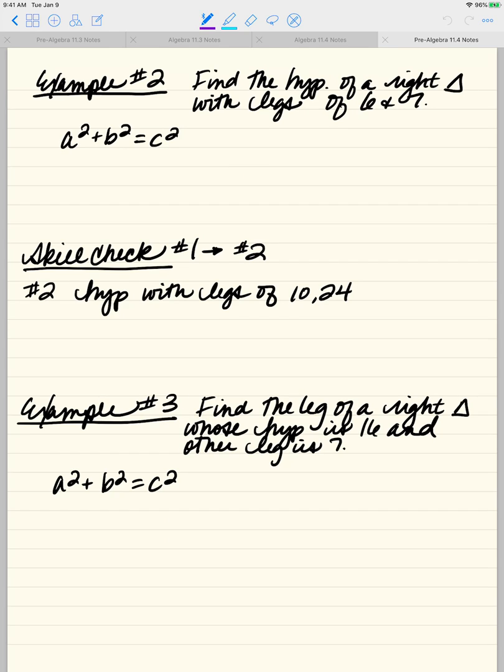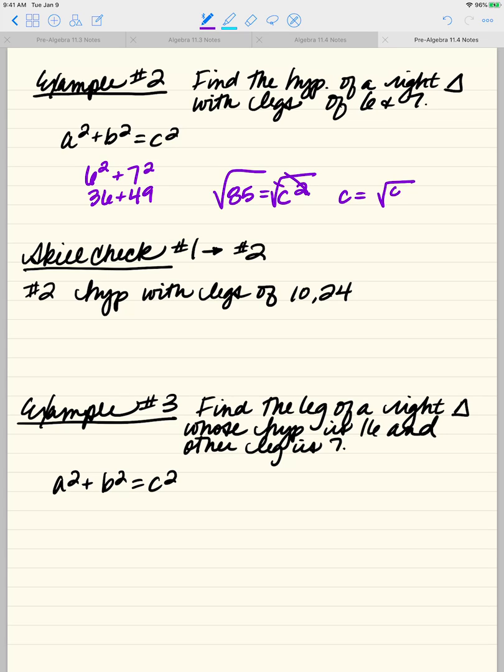Example number 2, find the hypotenuse of a right triangle with legs of 6 and 7. Plug in what we know. We know one leg is 6 squared. We know another leg is 7 squared. That's 36 plus 49. So 85 is equal to c squared. Take the square root of both sides so that we can get c by itself.